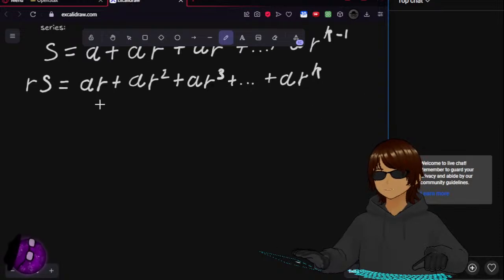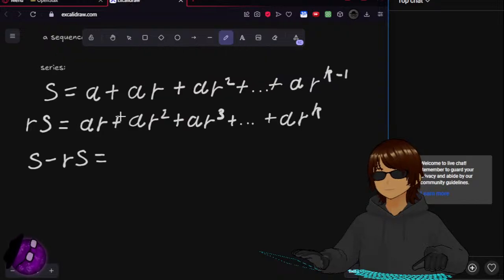So if I do s minus rs, this ar will cancel out. These two ar squared will cancel out. Ar cubed will cancel out. Ar to the power of k minus 1 will cancel out, and we will be left with a minus ar to the power of k.